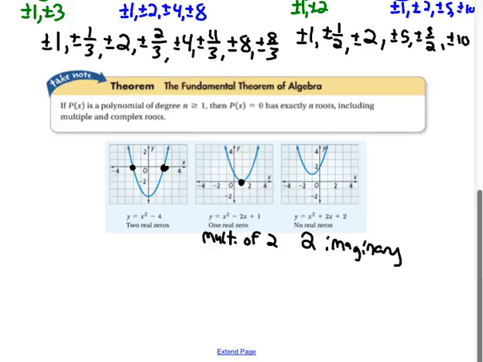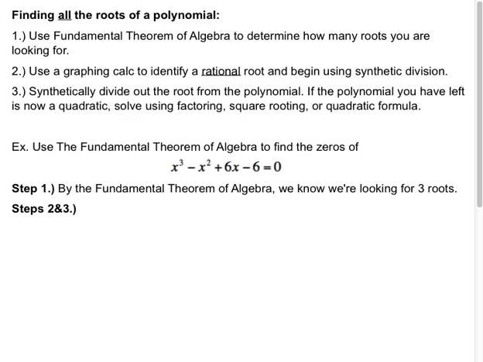Now we're in a transition into finding all roots of polynomials. First of all, you should have in mind how many solutions you're looking for. That's what the fundamental theorem says. So just look at the degree so you know how many solutions you're ultimately trying to find.